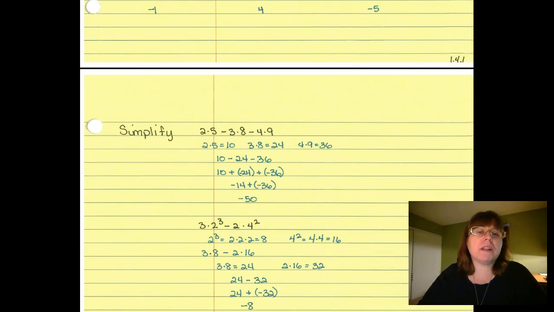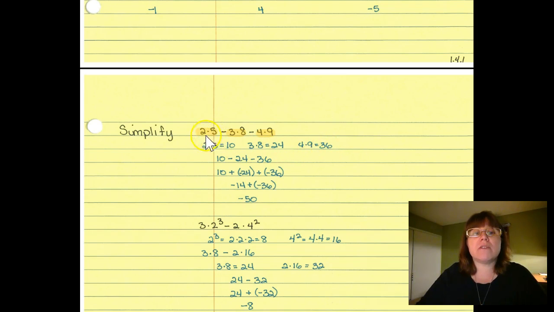I'm going to run through a couple of problems that might be a little bit more complex, and you're just going to follow your order of operations. So we have 2 times 5 minus 3 times 8 minus 4 times 9. Multiplication is in the higher realm than adding and subtracting, so we're going to do the multiplication first. So 2 times 5 is 10, 3 times 8 is 24, and 4 times 9 is 36.